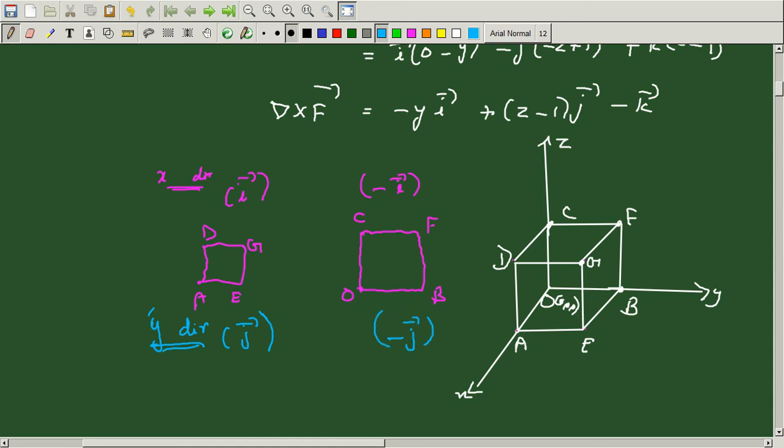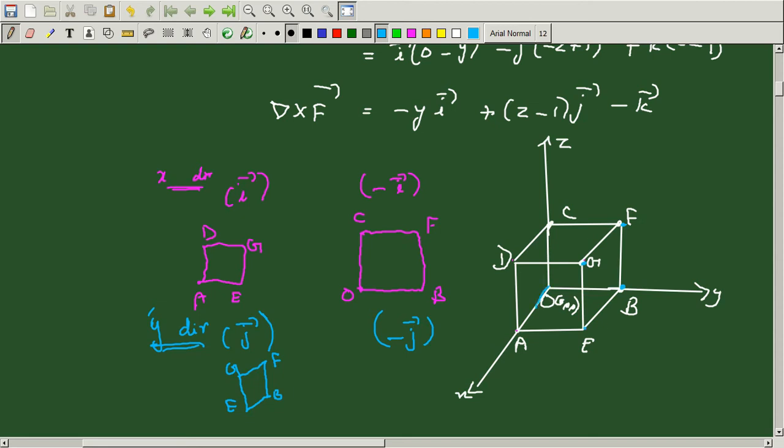For the j vector, you have to start from the y-axis. The y-axis point here is B. So from B, the surface is B, F, G, E. This is the surface: B, F, G, E.